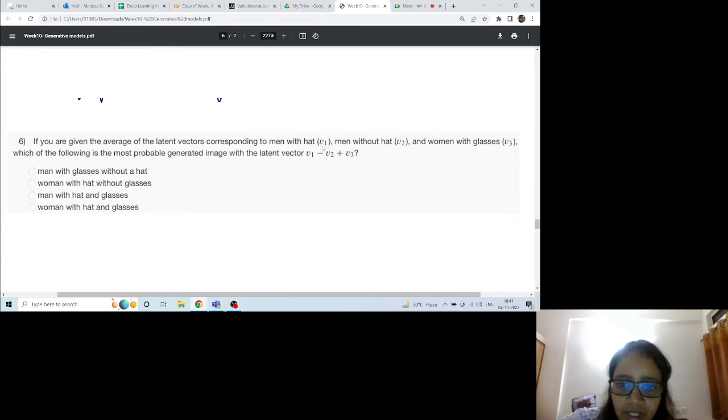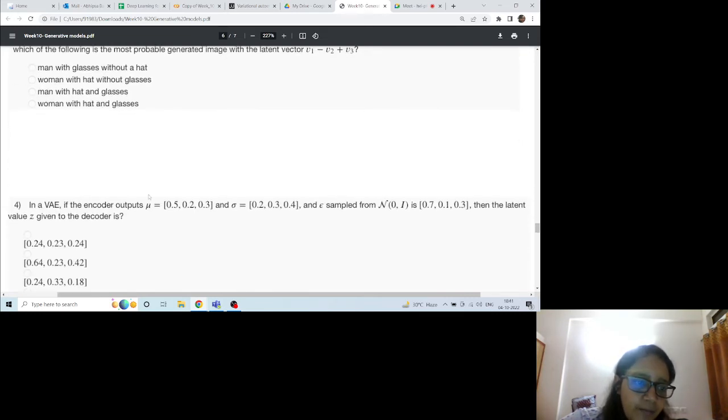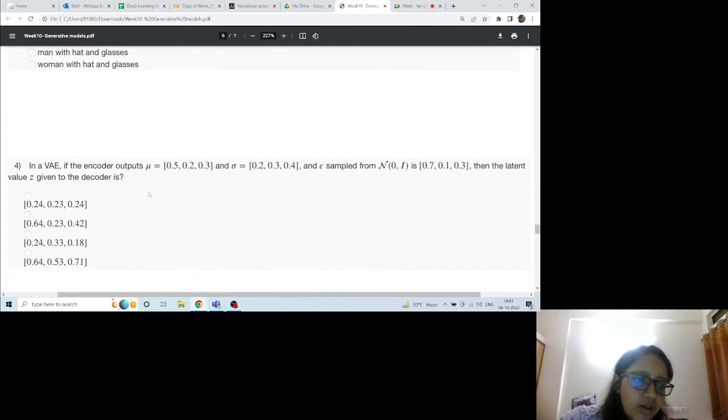So all you are left with is hat from these first two expressions, and then you add women with glasses. So you add women with glasses with hat, and that basically adds up to this woman with hat and glasses. Simple. Okay.